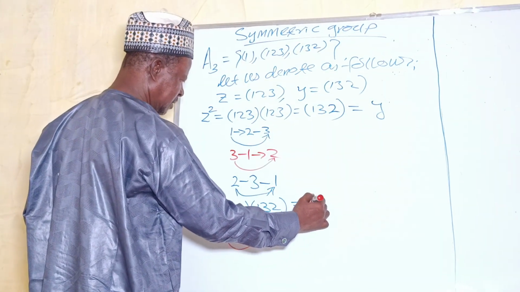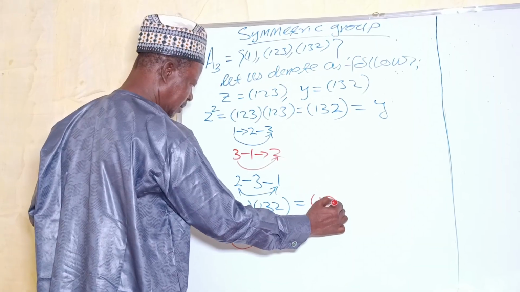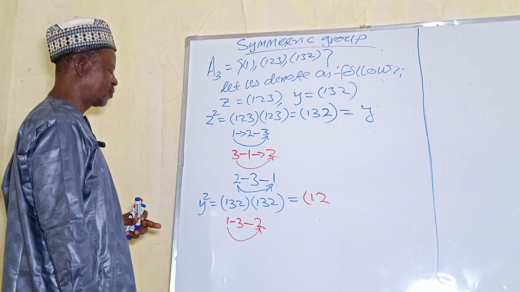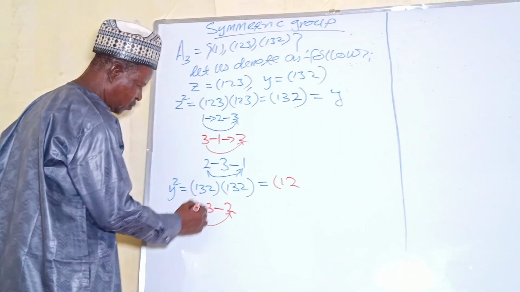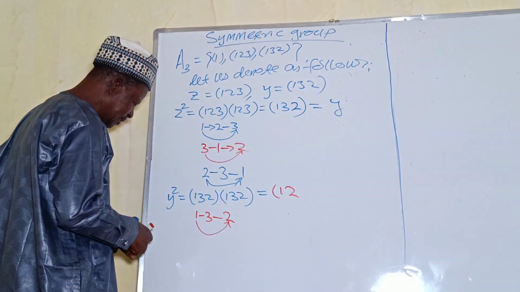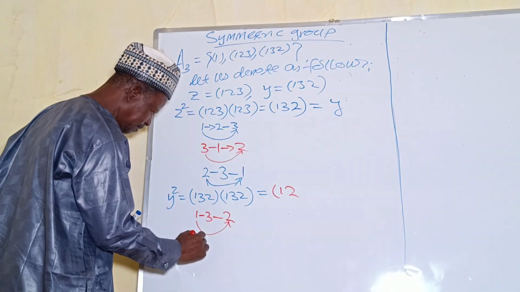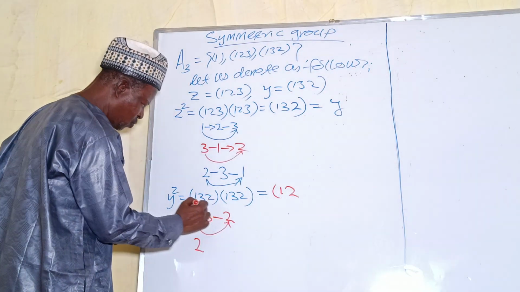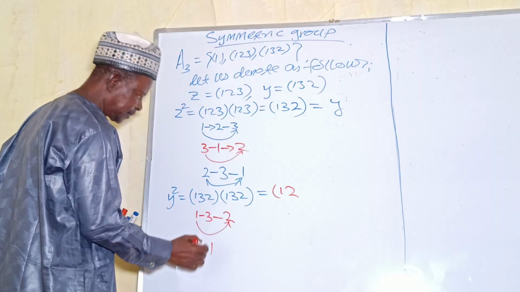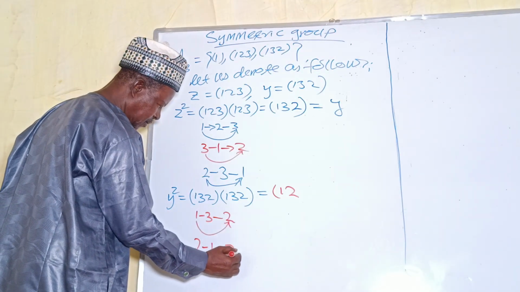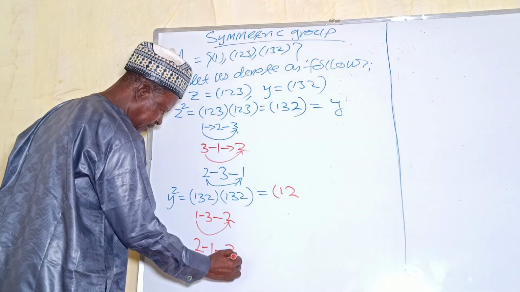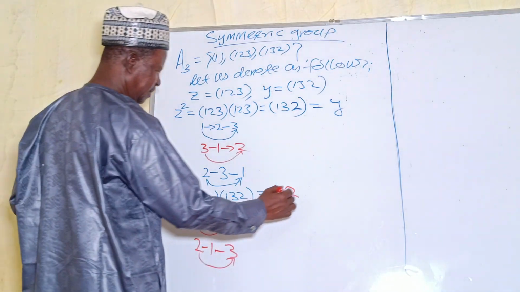Now 2 is mapped onto 1 in the first cycle, and 1 is mapped onto 3 in the second cycle. So 2 is mapped onto 3.